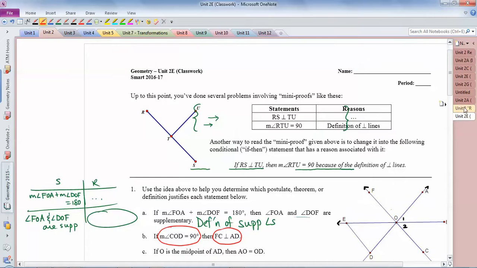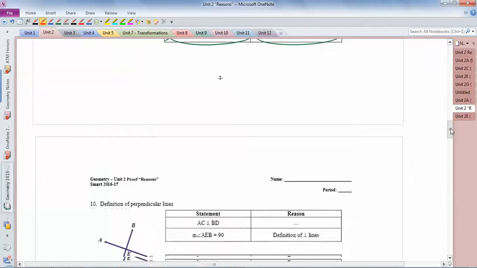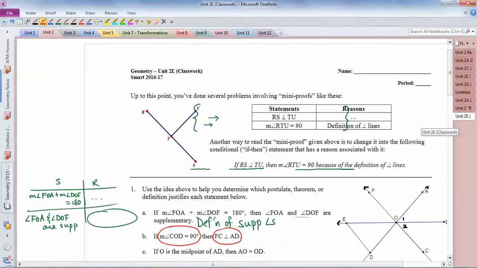So we go back to our reasons list and try to find something that starts out with 90, some angle is 90, and you get perpendicular lines. All the perpendicular ones are on this page. And here's one: start with 90, get perpendicular lines. So that's the definition of perpendicular lines. That's what we're going to put over here: definition of perpendicular lines.